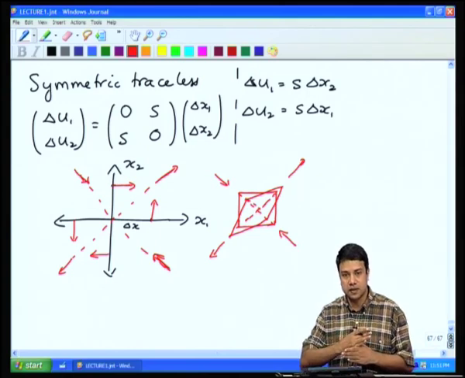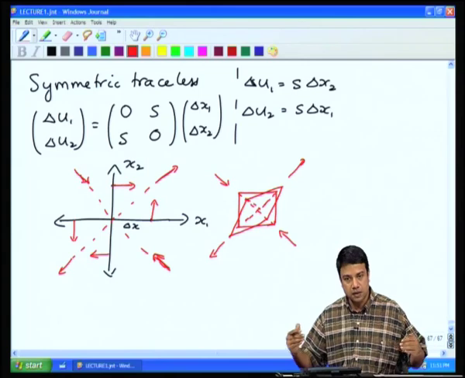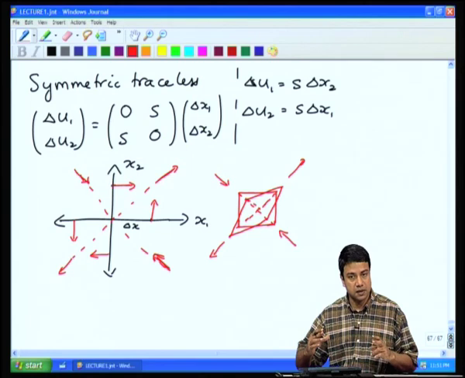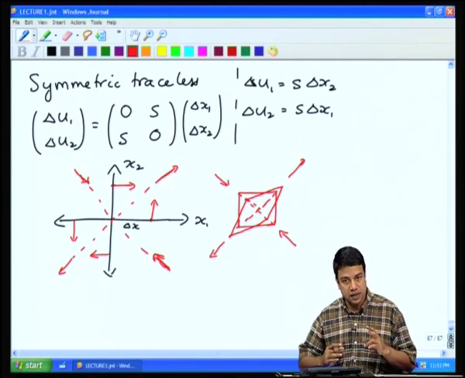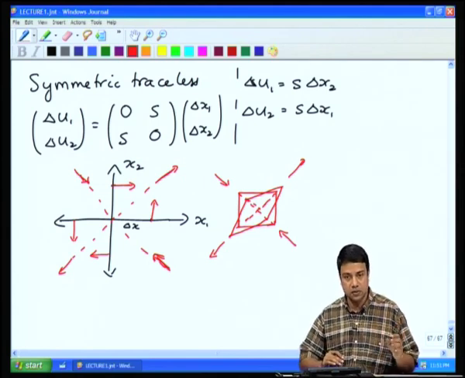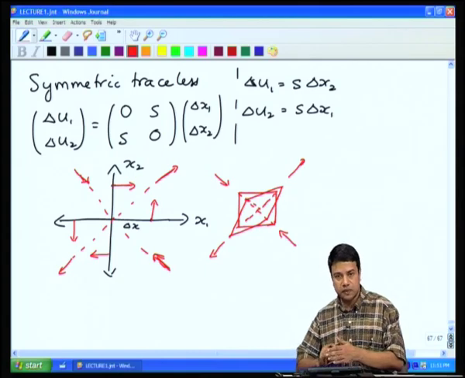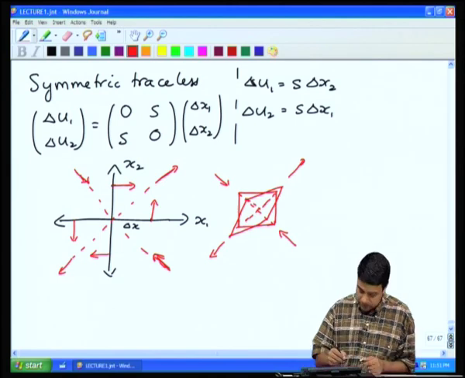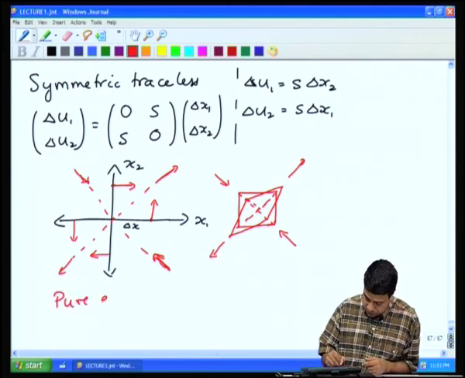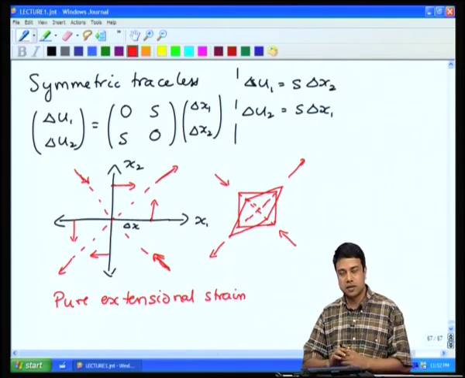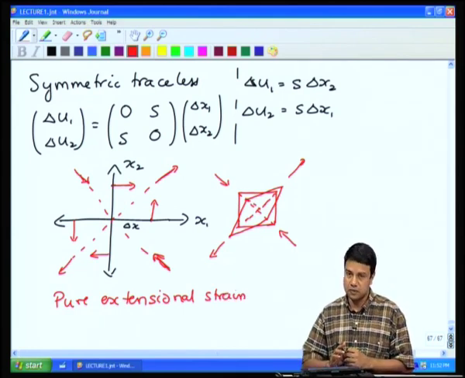It gets stretched along one direction and compressed along the other direction in such a way that the axes are not rotated, and secondly there is no expansion in volume, because the expansion in volume was related purely to the isotropic part. So, there is no expansion in volume here, there is no rotation, this is pure extensional strain.